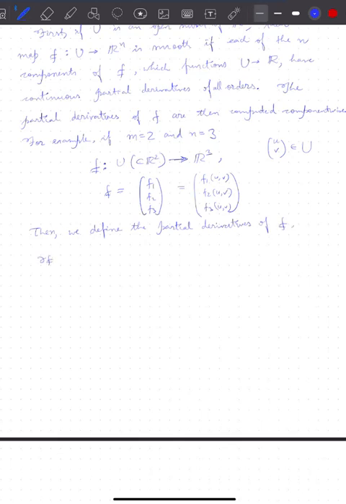So partial f vector by partial u is equal to partial f1 by partial u, partial f2 by partial u, and partial f3 by partial u. And likewise, partial f vector by partial v is partial f1 by partial v, partial f2 by partial v, and partial f3 by partial v.